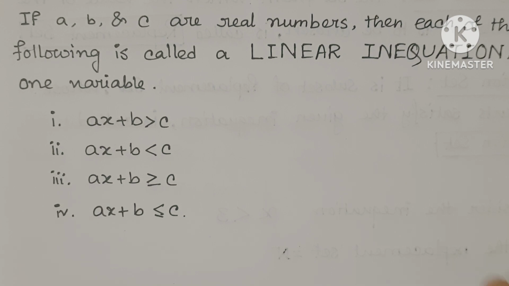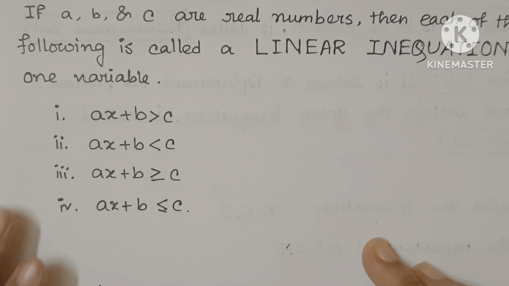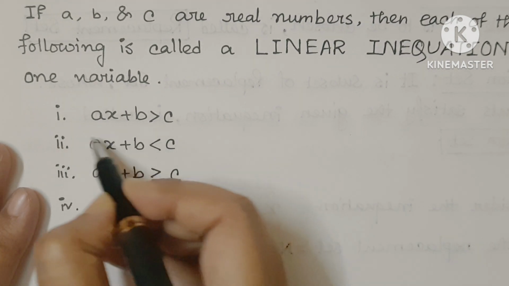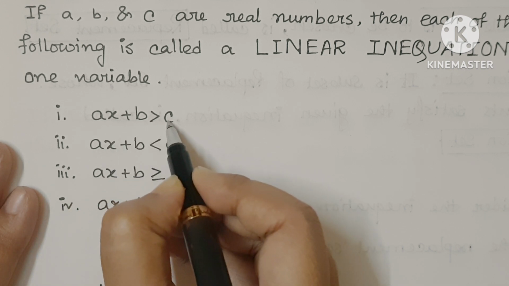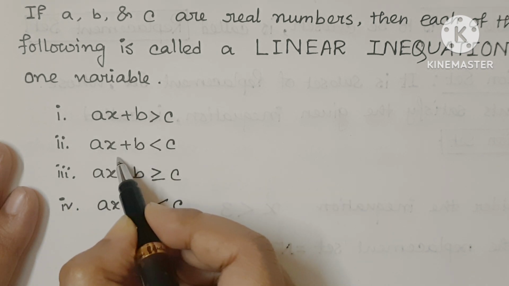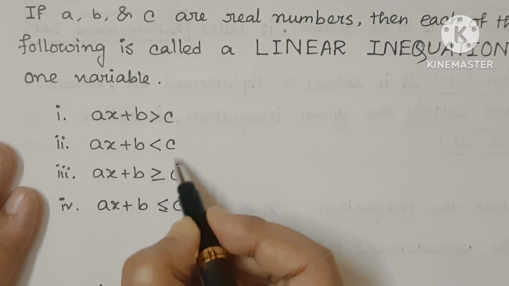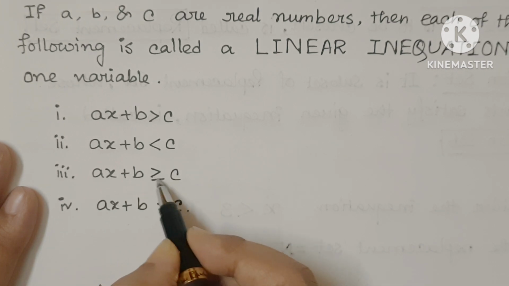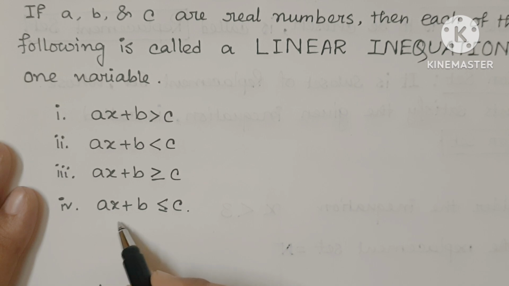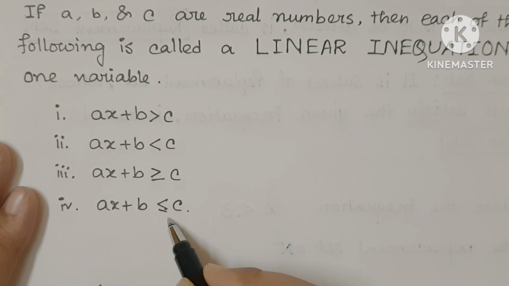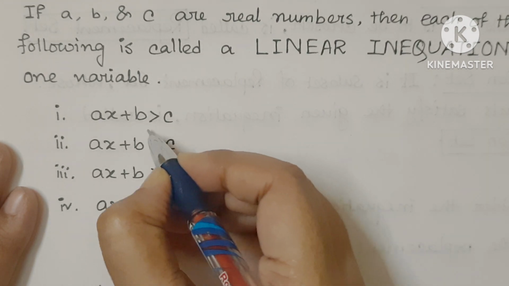See this expression: first one, Ax plus B is greater than C, Ax plus B is less than C, Ax plus B is greater than or equal to C, and the last one is Ax plus B less than or equal to C.